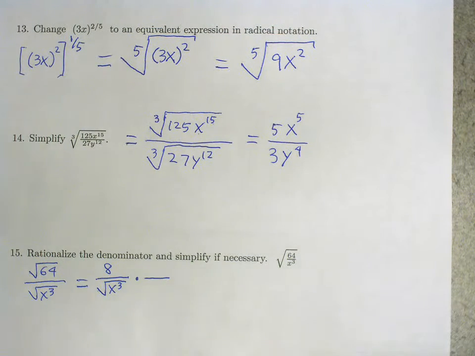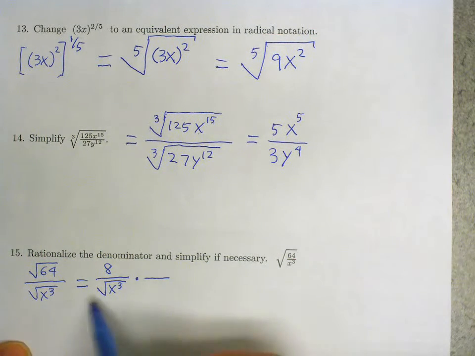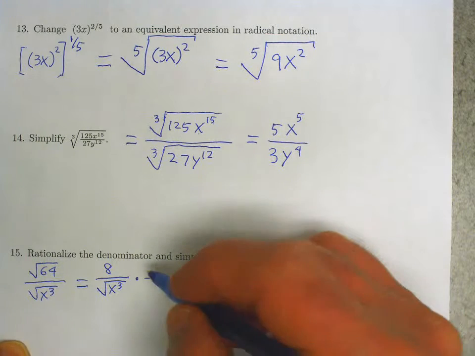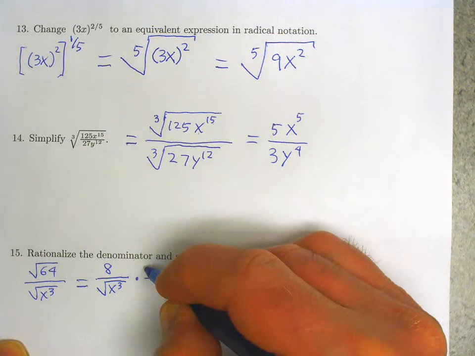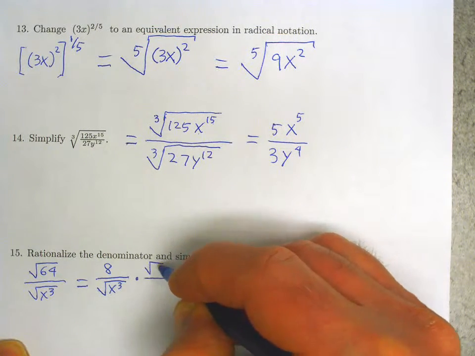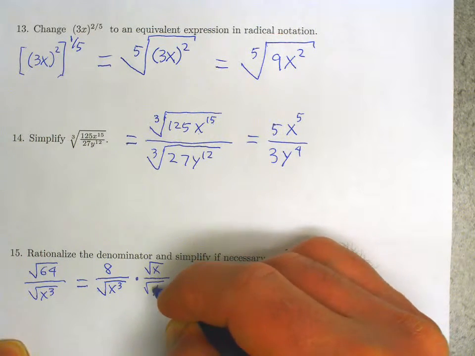Well, if I multiply x to the third times x, I get x to the fourth. And x to the fourth is a perfect square because the exponent is even. So if I use that reasoning, then I can multiply by 1 in the form the square root of x divided by the square root of x.